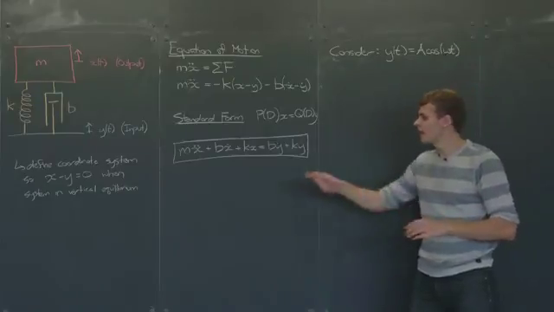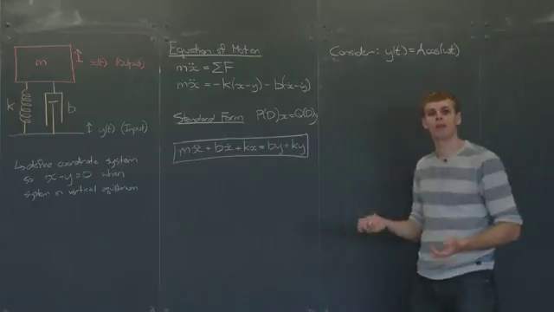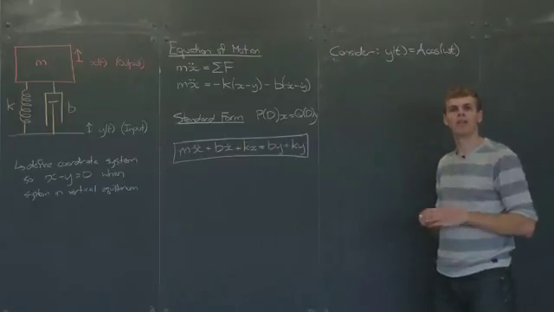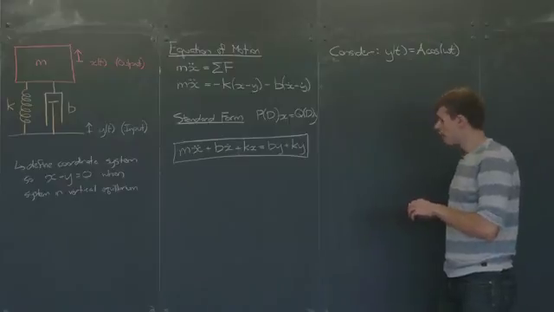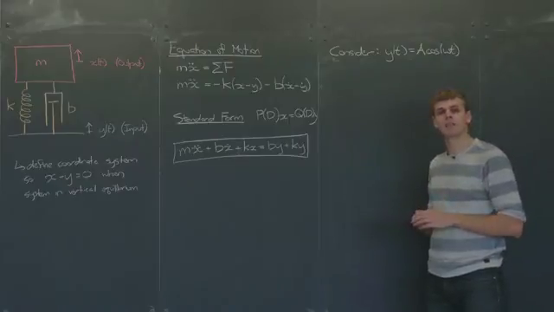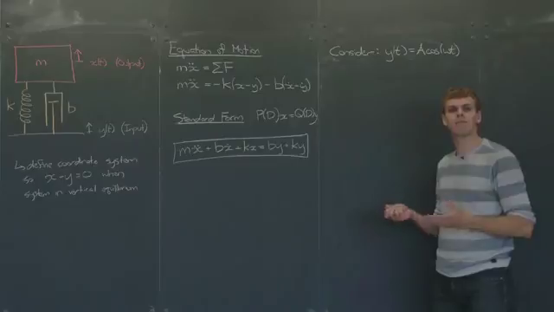Recall that when a damped harmonic oscillator is driven by a periodic driving force, the steady-state response will also be periodic. However, the steady-state response will have a different amplitude and phase compared to the input signal.